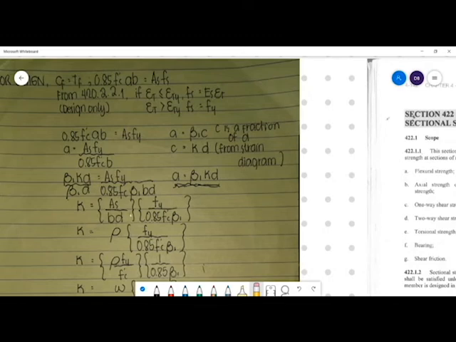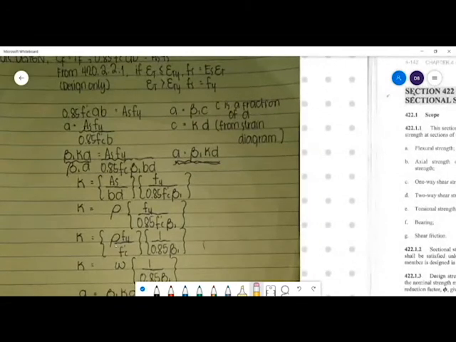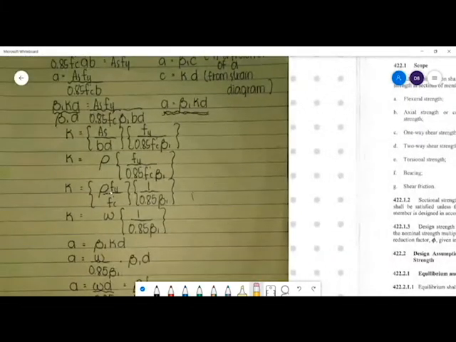Some textbooks say that As over bd is your rho, or what we call the steel ratio. So if we rearrange it again, we put the Fy here with f'c, and this will become your omega multiplied by 1 over 0.85 β1.